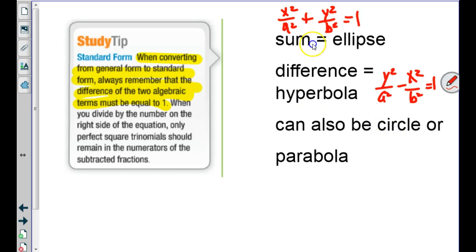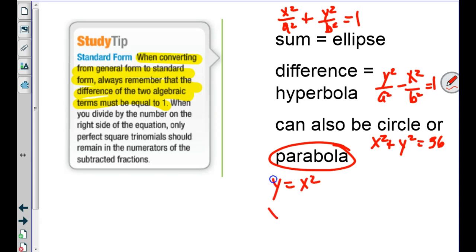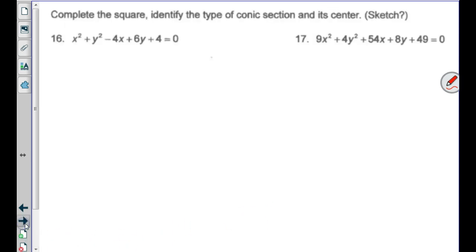A circle would look like an ellipse, but both of those would be the same distance. So you'd end up with no stretch and something over here that's the radius squared. And how do you know if it's a parabola? Yeah, only one of them is squared, whether it's the y or the x, but only one of them is squared. Okay, so we're supposed to figure out what this is.